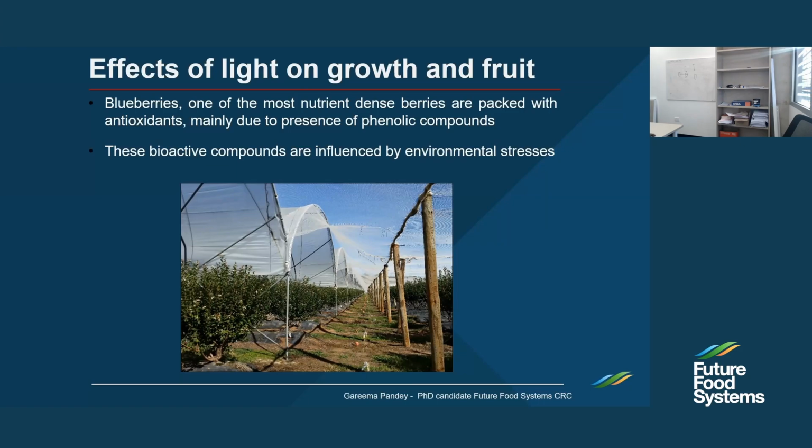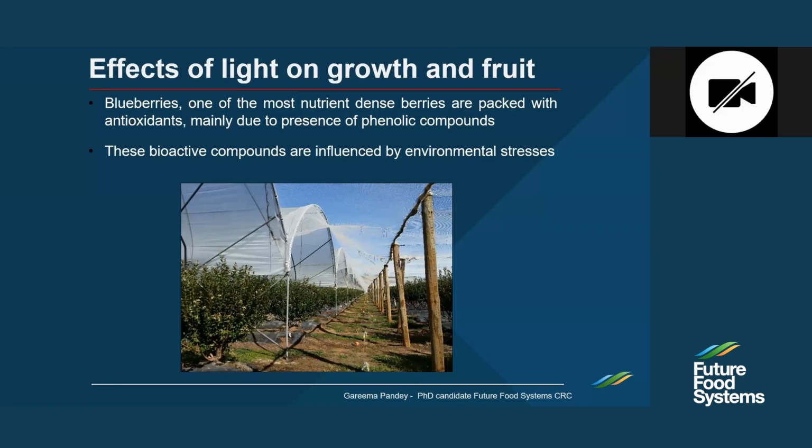The incorporation of nutrient-rich fruits in the diet has provided immunity against major diseases and reduced the risk of acute and chronic ailments. In this study, we have utilized blueberry as a model crop, as it is an excellent example where the consumer demand has increased globally due to the higher bioactive compounds present in the fruits.